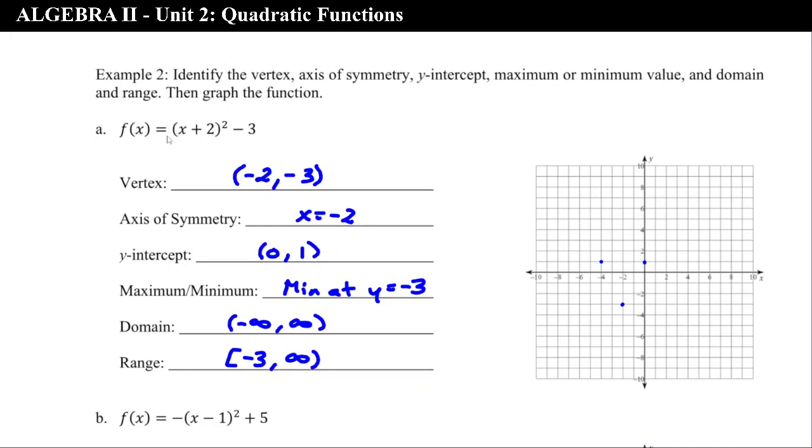Well, we know it's not stretched or compressed. So since it's not stretched or compressed, we can use the setup of our parent function to plot some other points. So you know you've got (1, 1), because 1 squared is 1. So you can do that on this side. You have (2, 4), which takes us to our y-intercept, so that's nice.